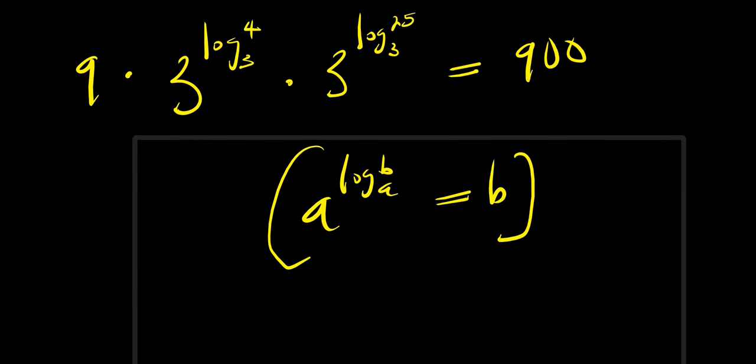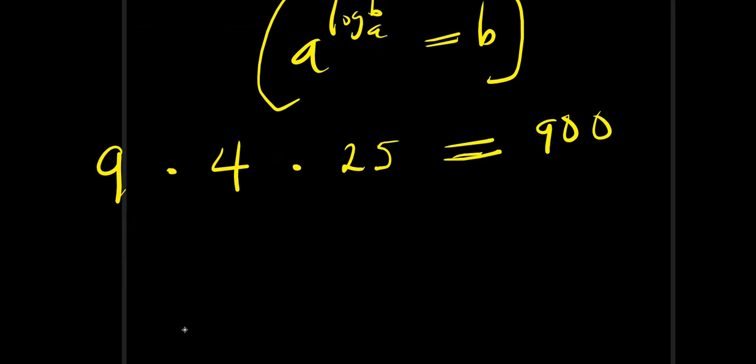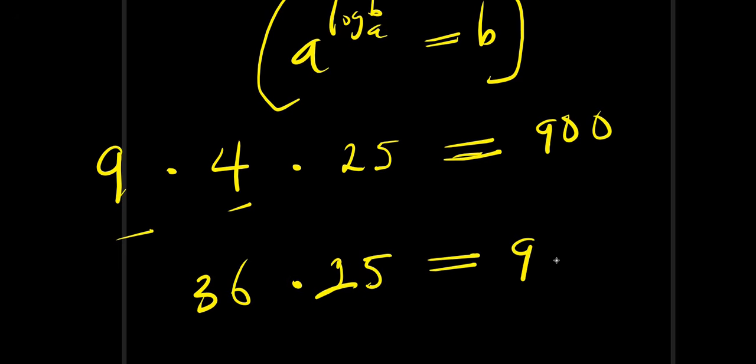So applying that, you are simply going to have 9 times 4 times 25 equals 900. So from here, you have 9 times 4, that is 36, times 25 equals 900.